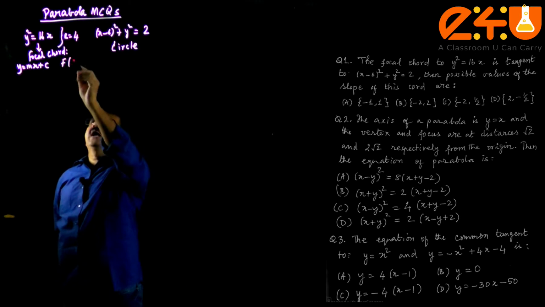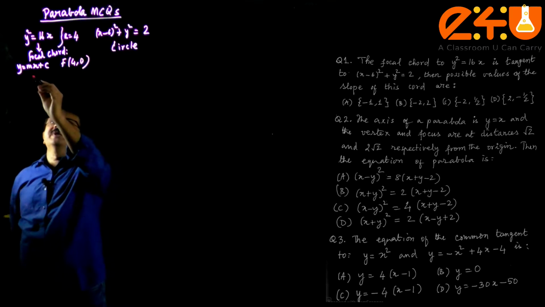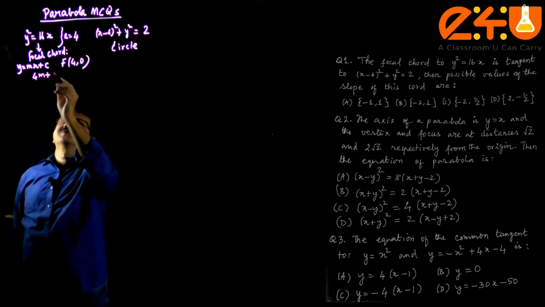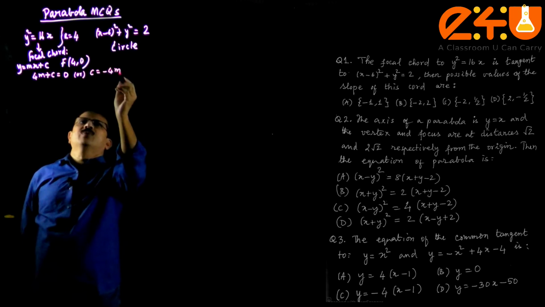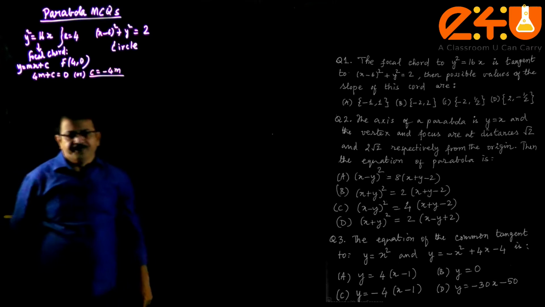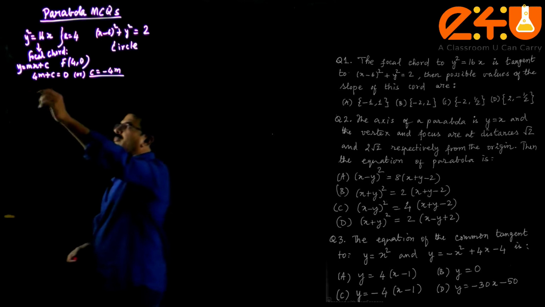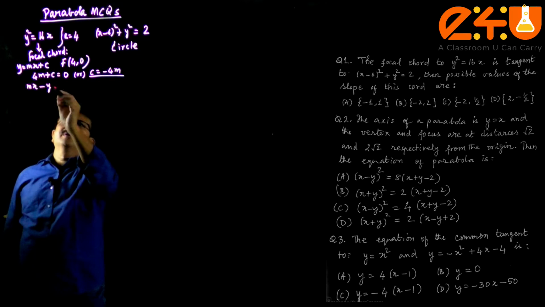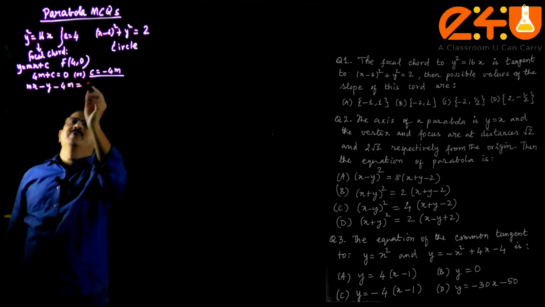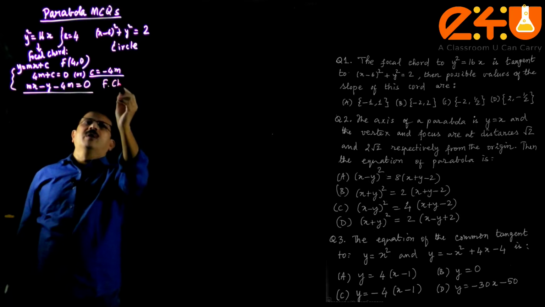So, focus has coordinates (4, 0), which means 4m plus c is 0, or c is negative 4m. So, I can modify the equation of the focal chord as mx minus y minus 4m equal to 0. So, this is the focal chord.